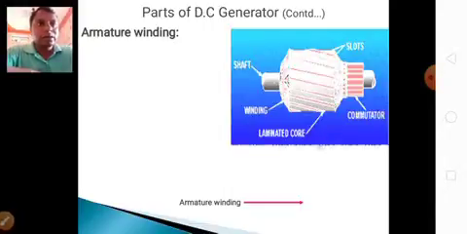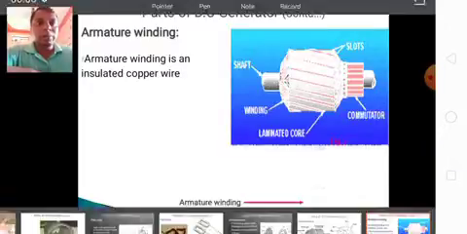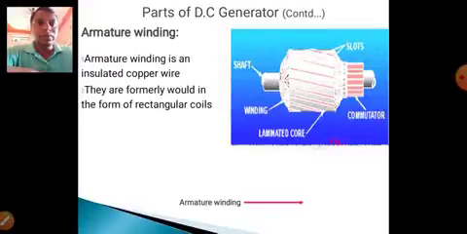Armature winding, here it is the shaft, and the different slots. In this the commutator is placed on the armature, so the commutator makes the current unidirectional. These are the windings in the laminated core. Armature winding is an insulated copper wire, here also we are using the same copper wire. They are formally wound in the form of rectangular coils, right?